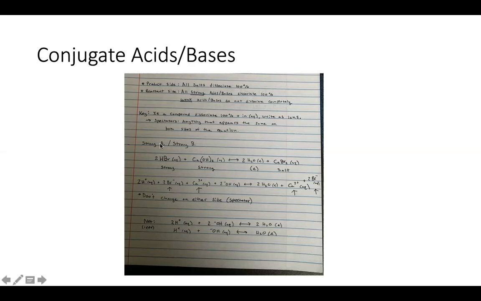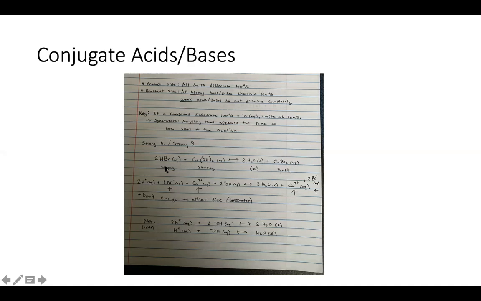So let's look at a strong acid and strong base reacting. We have HBr, a strong acid, reacting with calcium hydroxide, a strong base, to form water and calcium bromide. On my product side, I have a liquid, which I'm going to ignore, and a salt.